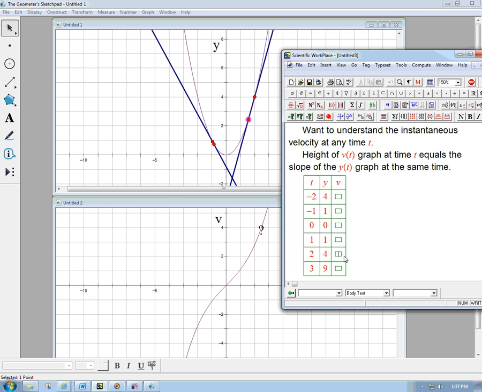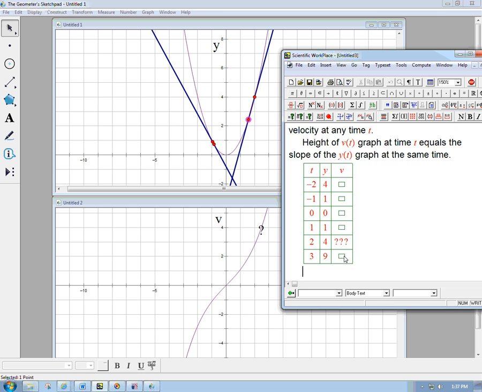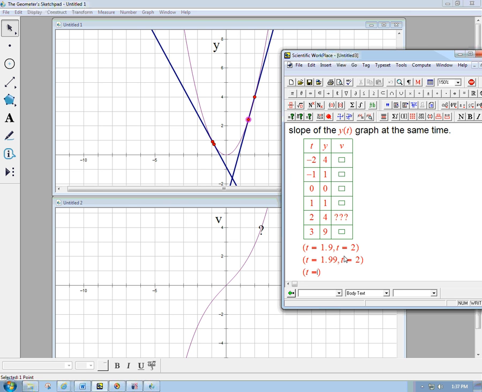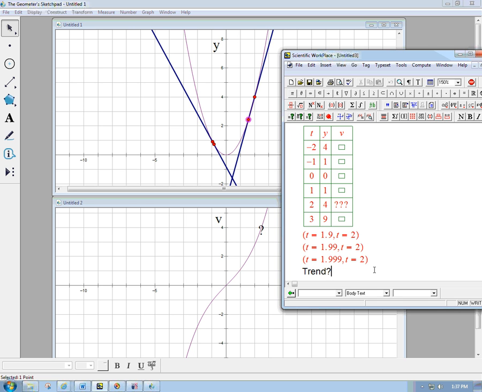If we want to fill in this one with the question marks, we're going to use a pair, t equals 1.9, t equals 2, and then maybe t equals 1.99, t equals 2, and then t equals 1.999, t equals 2. Have 3 different people do that, maybe, and then see, is there a trend in these numbers?